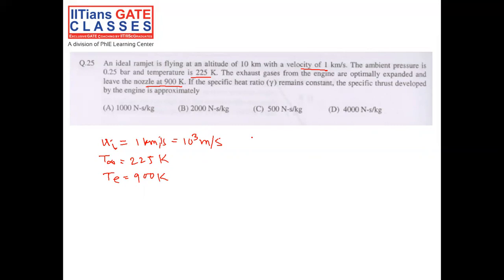So for a ramjet engine, you have to find out the specific thrust, but the thrust produced by a ramjet engine is T equal to ma dot multiplied by UE minus UI.